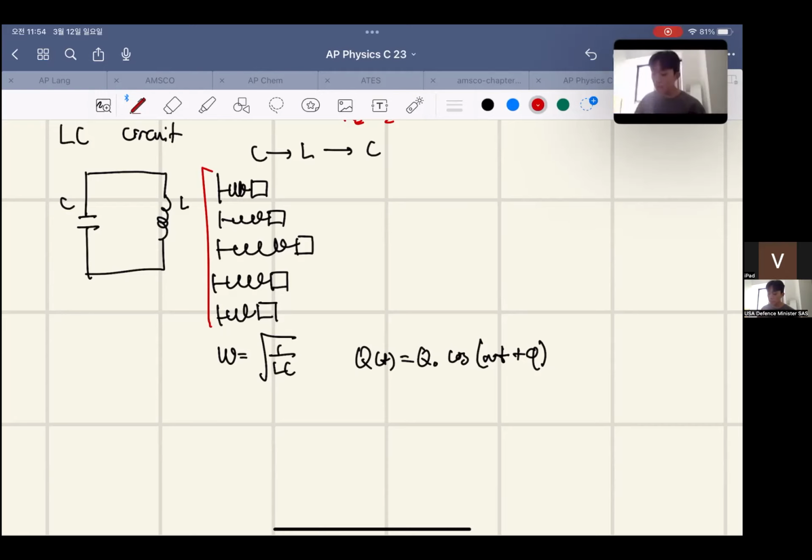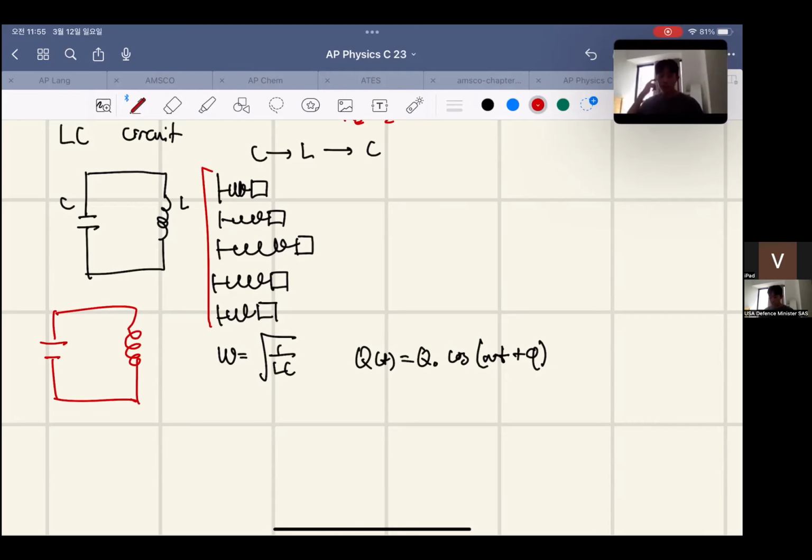And now one thing important to know is, when would the capacitor have the maximum amount of energy? Well, that's when the other energy source, which is the inductor, does not have any energy stored in it. So when the capacitor has the maximum amount of energy, your inductor would have no energy stored.